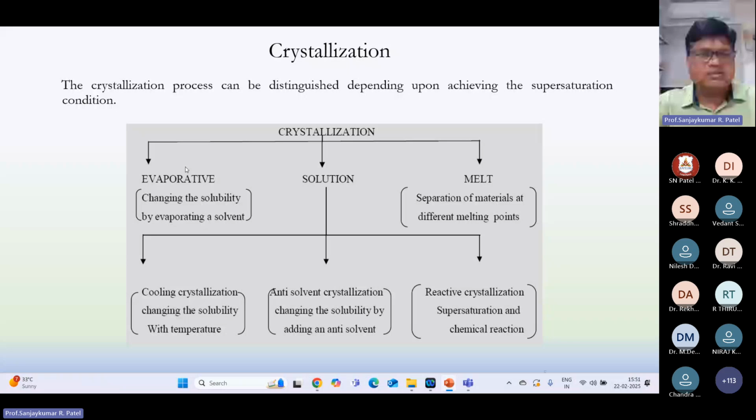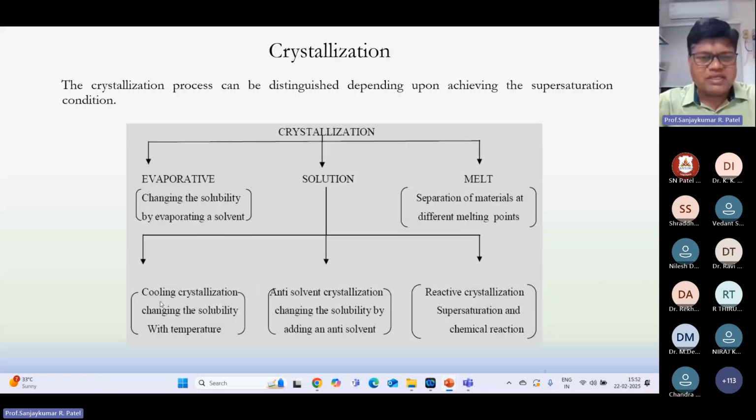There is another kind called solution crystallization, in which we have a lot of flexibility to change factors. For example, we can change the temperature to create a particular supersaturation. Then it is known as cooling crystallization.